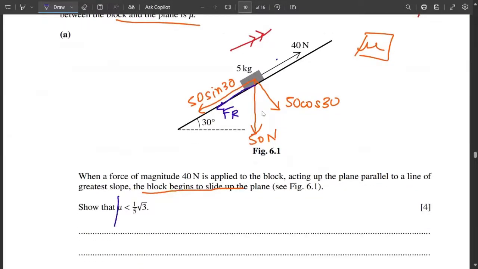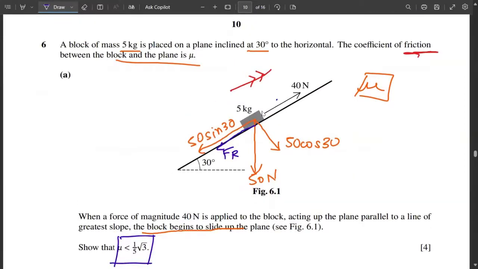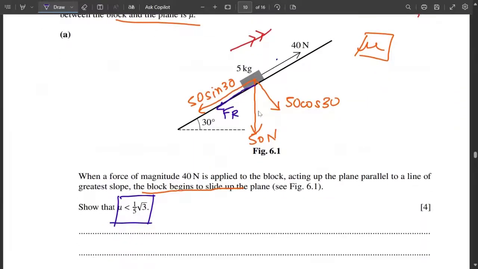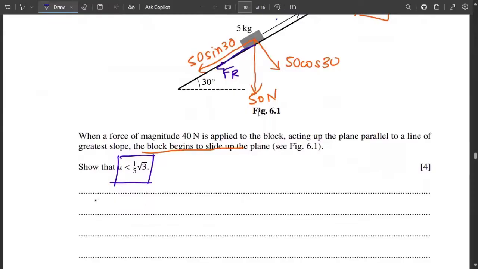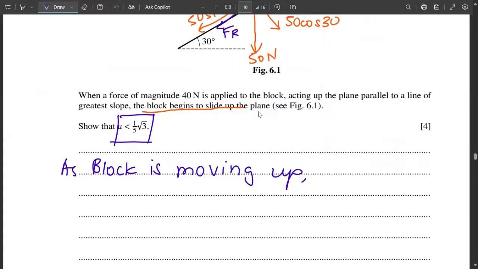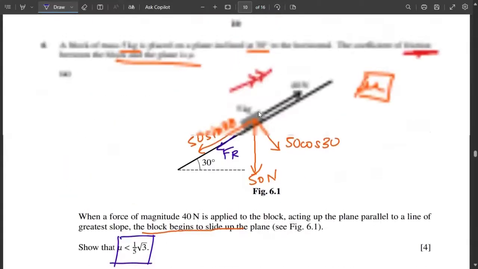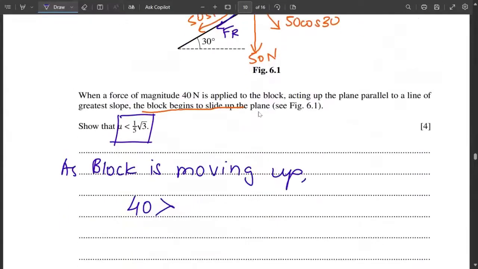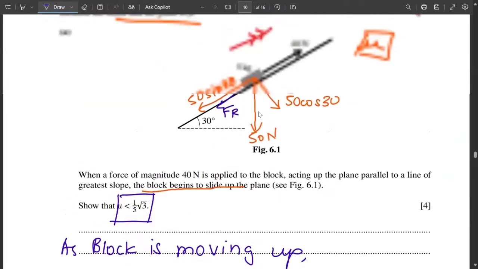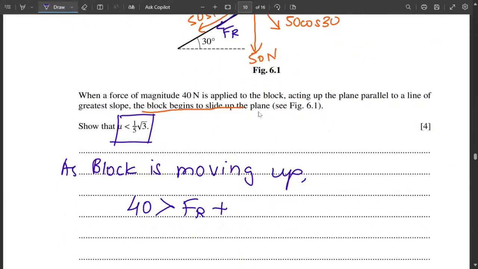Show that mu is less than 1 upon 5 root 3. Okay, no problem. This is a very easy question. What we can do is write that because the block is moving up, we can say that the 40 Newton force, which is this upward force, will be greater than the frictional force and the 50 sin 30 force combined.